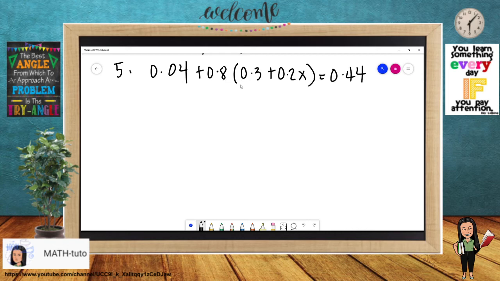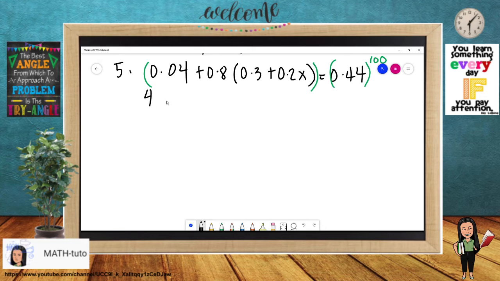Pwede tayong mag-distribute muna bago mag-multiply, or mag-multiply muna before we distribute. Mas madali actually to multiply first before we distribute para medyo konti na lang yung decimal. Minsan kasi if we are multiplying with decimals, ang nakakalimutan ay ilagay yung decimal after the product. So, it is easier to multiply first.